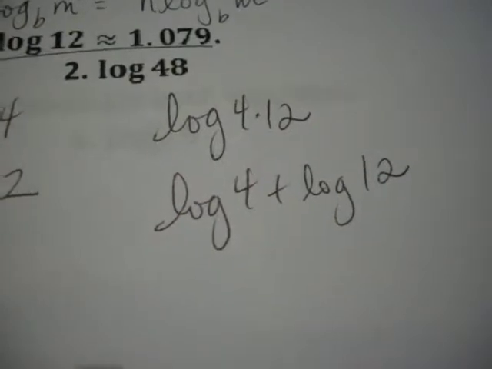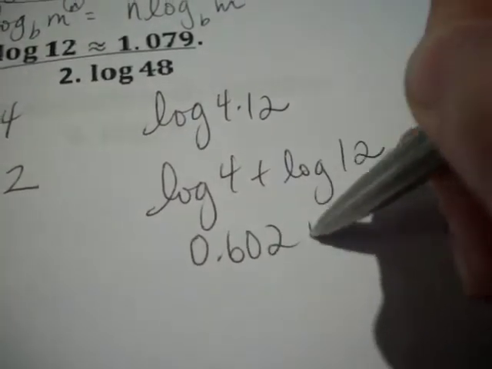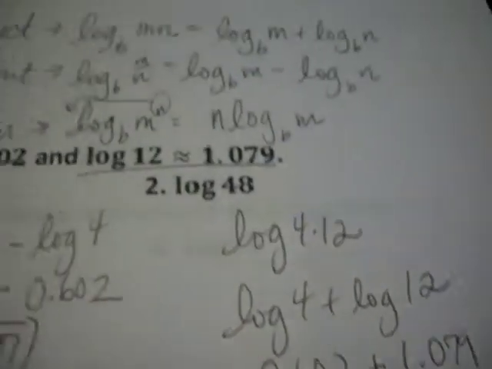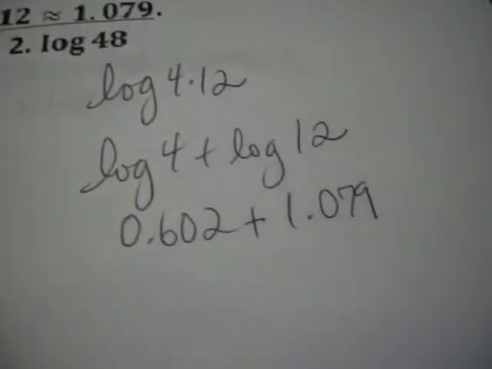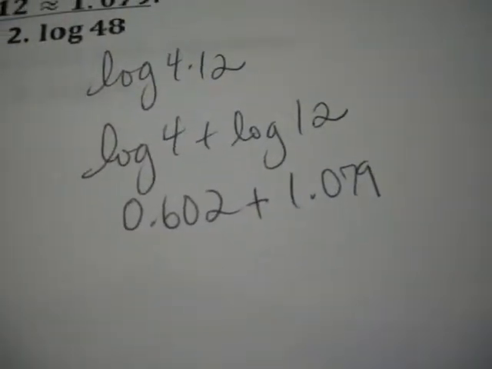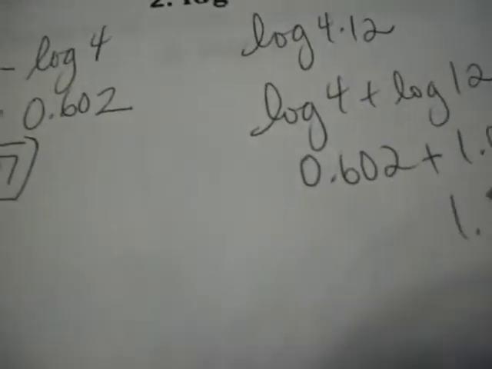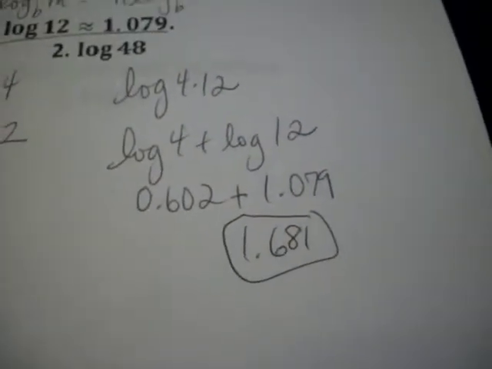Again, I know what those two numbers are, so I'm just going to plug in those two numbers that were given to me right here. Boom, boom. So I type this in, and I get 1.681.